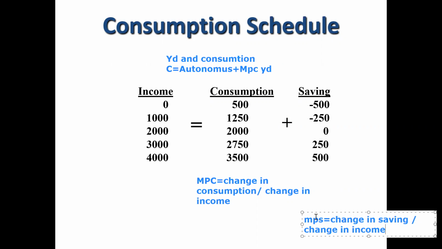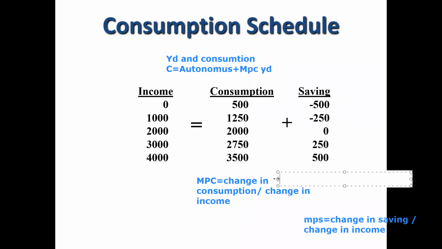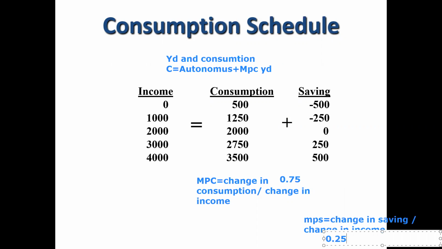This means negative 250 minus negative 500 over 1000 minus 0, which equals 0.25. So the marginal propensity to consume equals 0.75, and the marginal propensity to save equals 0.25.